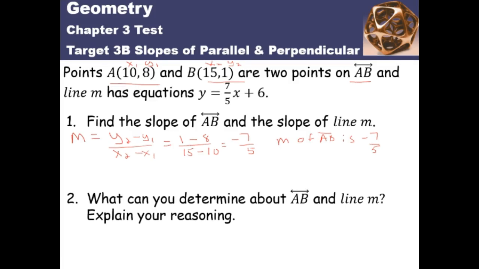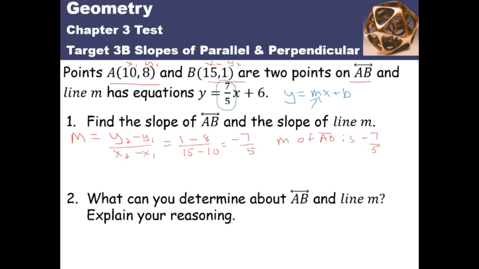The second part of question 1 is to find the slope of line M. So remember, the slope-intercept form of a line is y equals mx plus b. So this m, which is a letter, the one in front of the x, is the slope. So when I look over here, this is what's in front of the x.